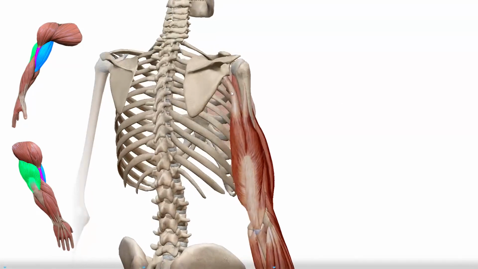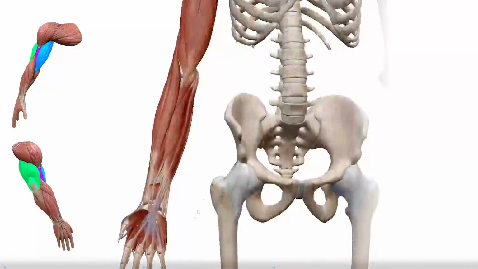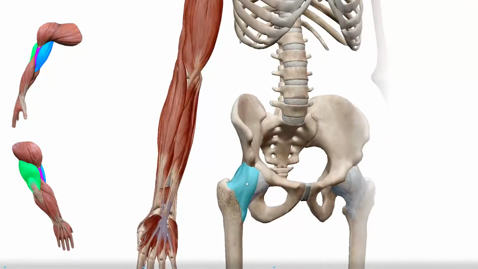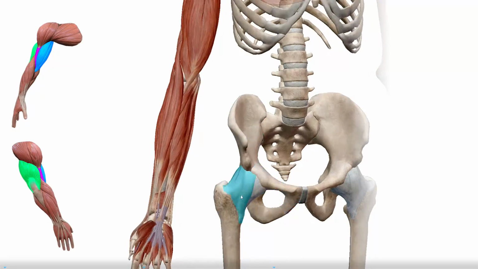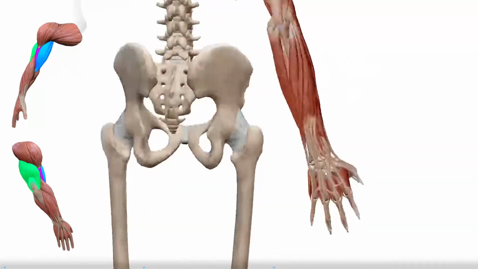So tendons are the portion of the muscles that attach onto the bone. There are also ligaments that you've probably heard of before, and ligaments are essentially tissue that attaches bones to bones, right? So for example, here between the femur and the hip bones, those are ligaments, and the ligaments are just there basically to keep everything in place, to prevent things from moving too much.